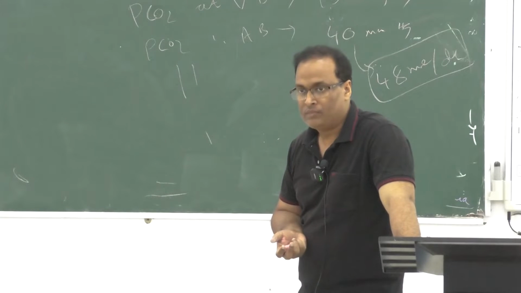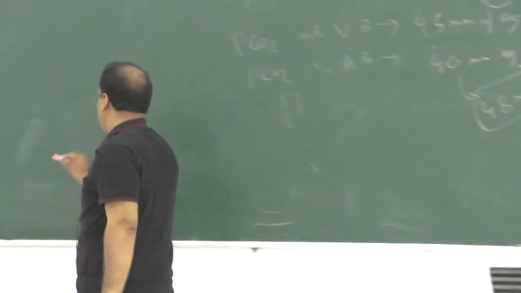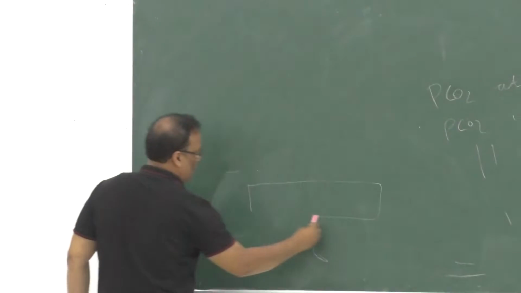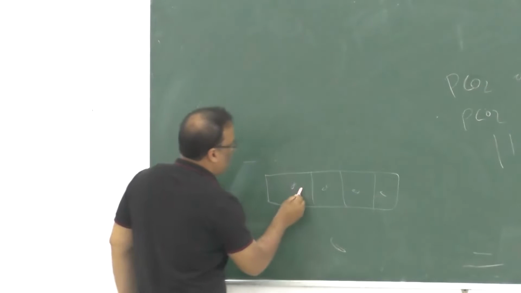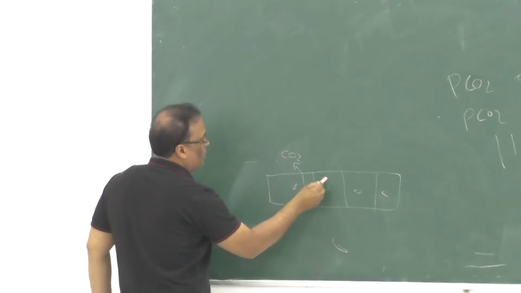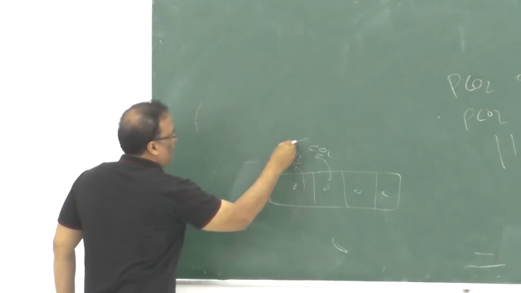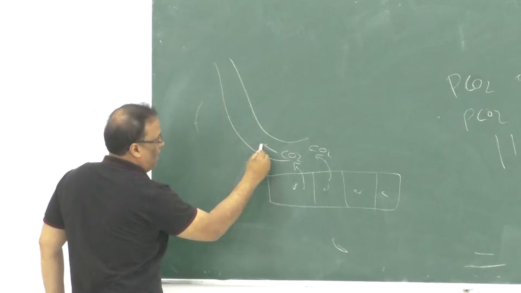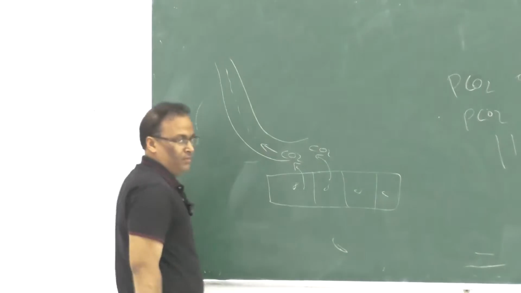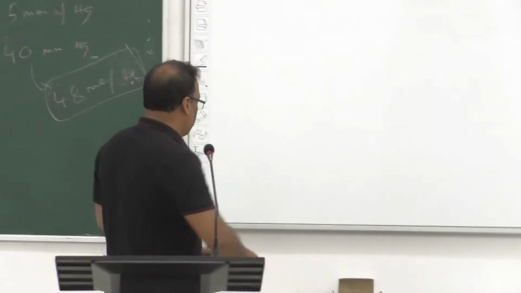4 ml per 100 ml. So if I draw a tissue here, a cell, they release CO2, and then this venous blood comes this way, right?